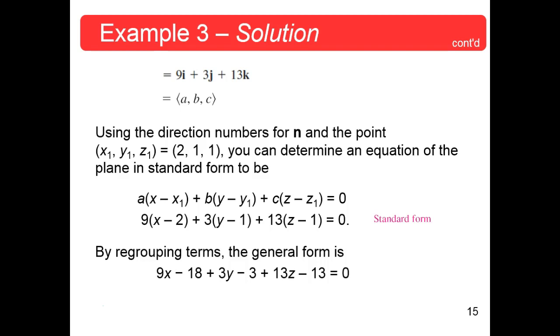Regrouping them, in other words, get all your variables first: 9x plus 3y plus 13z. Then group those three constants together, and you get minus 34 is equal to 0. That's your general form. General form is a lot more concise, but you see more information with the standard form.